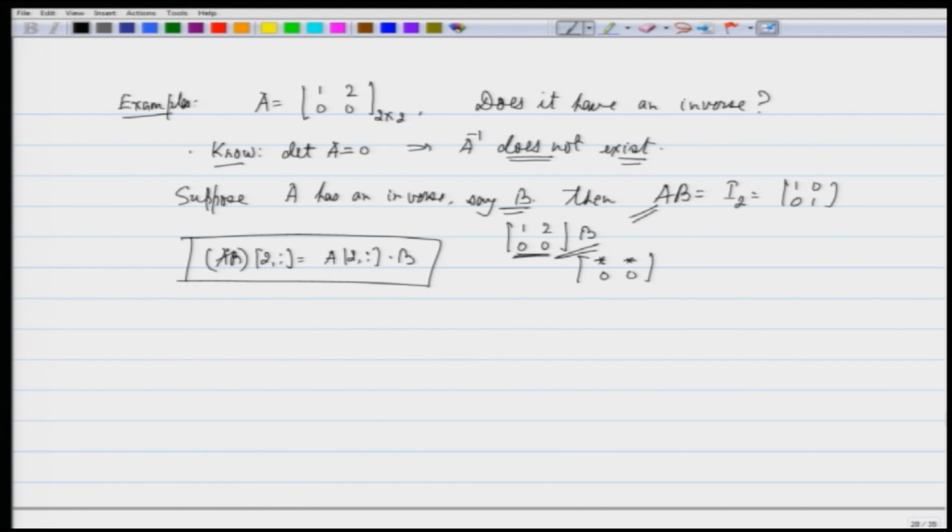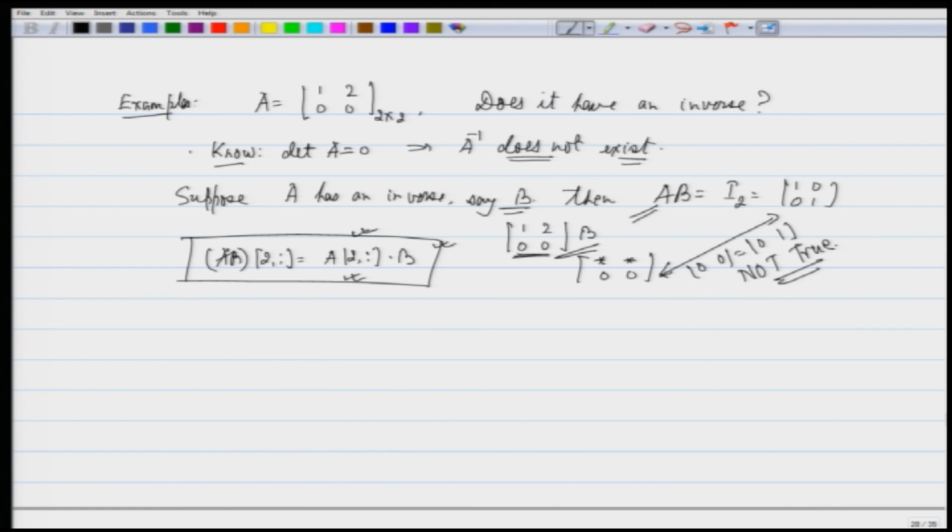Since the second row of A is 0 0, the second row of AB will be 0, and then we are saying that 0 0 should be equal to 0 1, which is not true, and hence I cannot have such a B. This is one way of saying it.